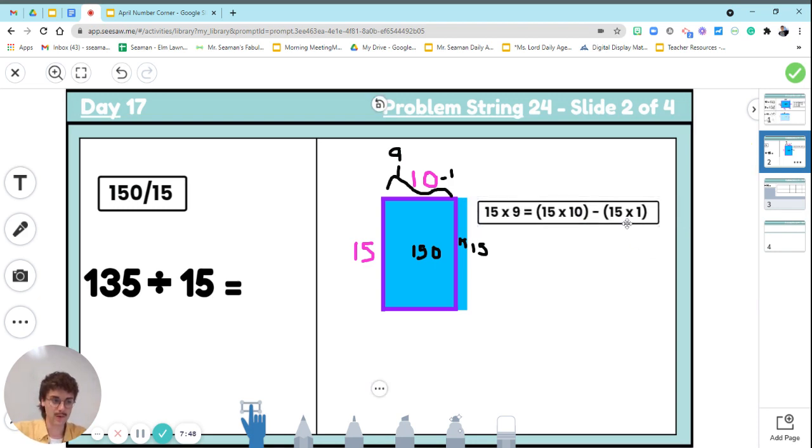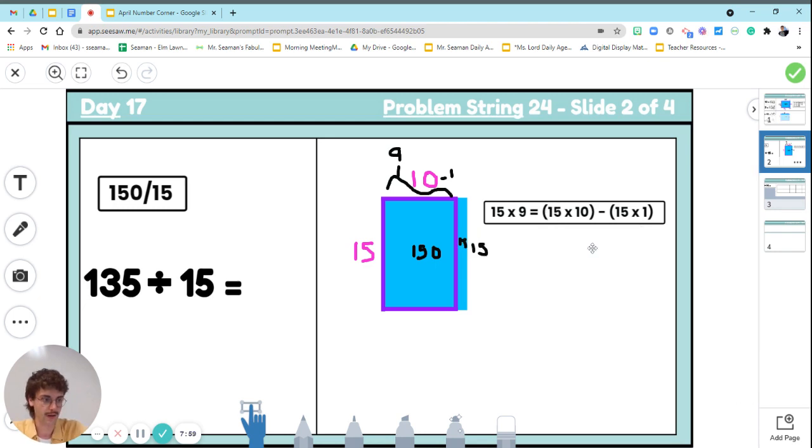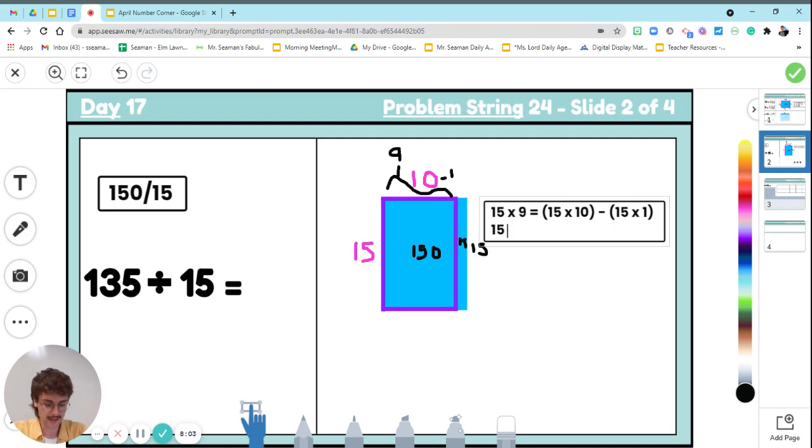So 15 times 9 equals, when I had 15 times 10, that equaled 150. And then I'm subtracting 15 from that.